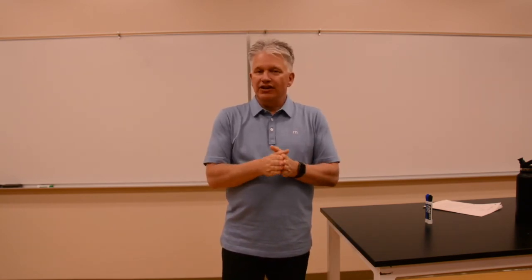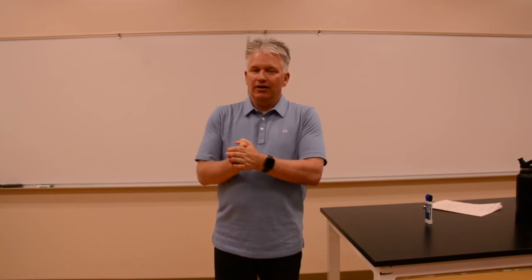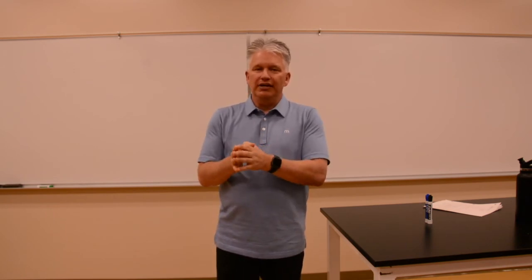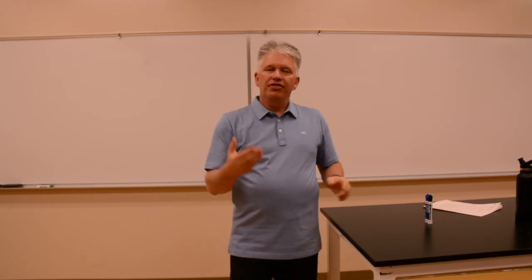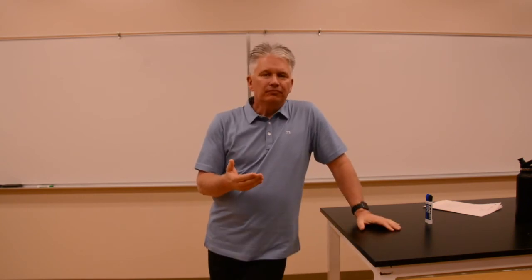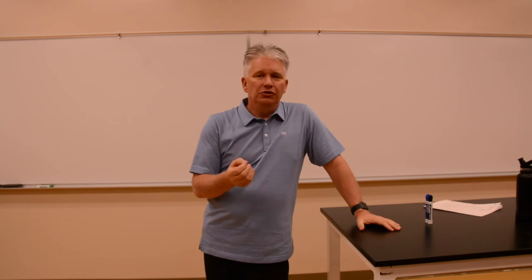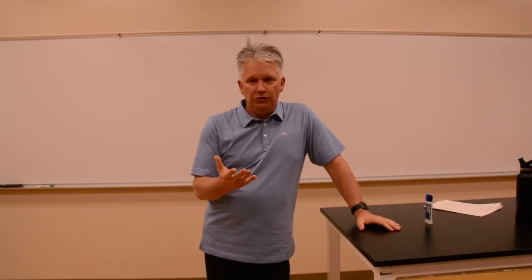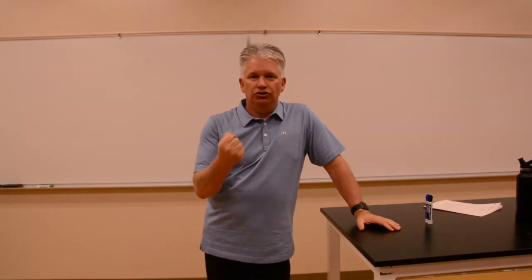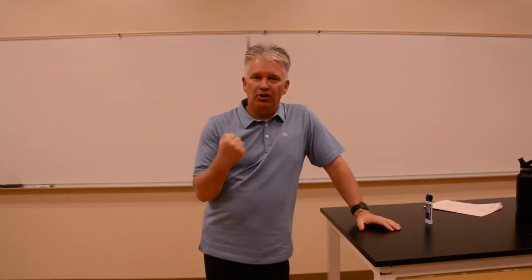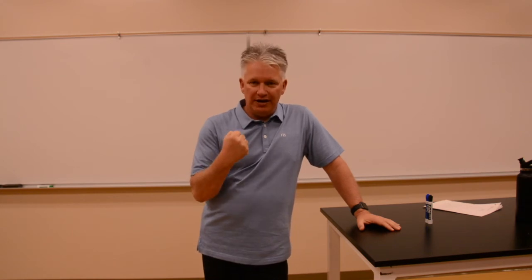Now, the extension of these isotonic actions, are they concentric or eccentric? So when you think of a muscle contracting, you usually think of that muscle as getting longer or shorter. We usually think of a muscle getting shorter. A muscle is pulling on a bone to create movement.